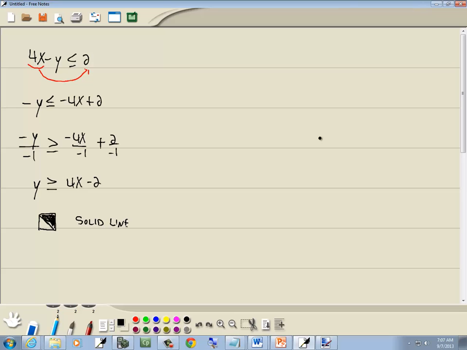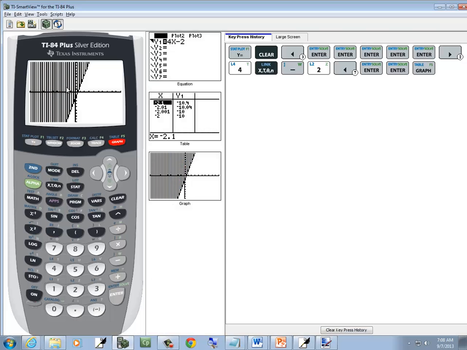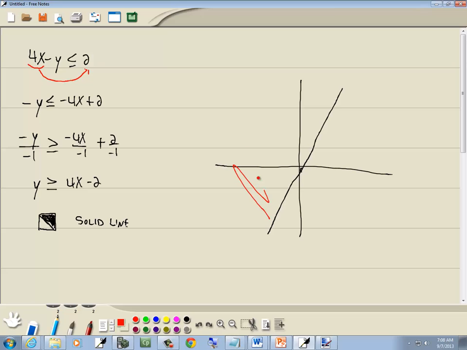We already said it's a solid line. So we're going to have a solid line right there. And then I'm going to shade that side. And that would be your answer.